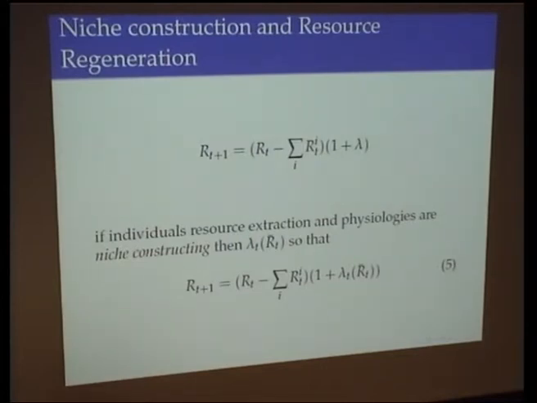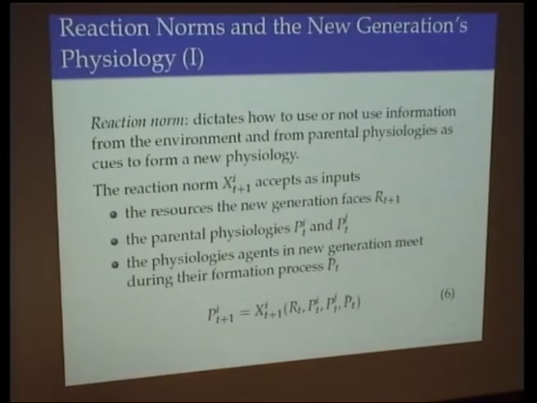But if we want to consider some more complex cases, for example niche constructing cases, or what in economics we name investment in order to reproduce resources in the environment, we can also take into account endogeneity of the resource regeneration parameters with the actions or with the choices of the different agents. In this sense, the resource regeneration process is also influenced by the physiologies, by the choices of the agents, and all the previous processes we described.